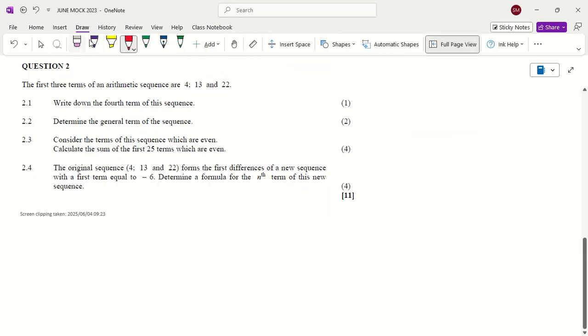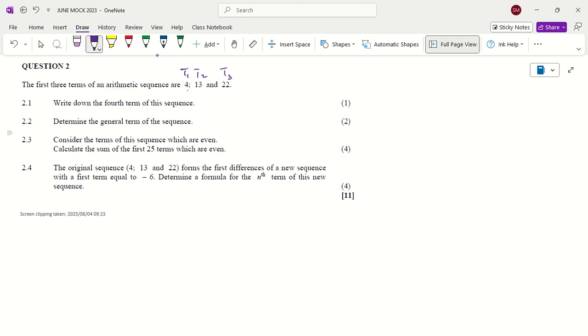Okay, now, question 2. It says that the first 3 terms of an arithmetic sequence are 4. So this is going to be T1, right? 13 is T2, and then T3 is 22, right? Write down the 4th term. Okay, so the question stated that it is arithmetic, right?